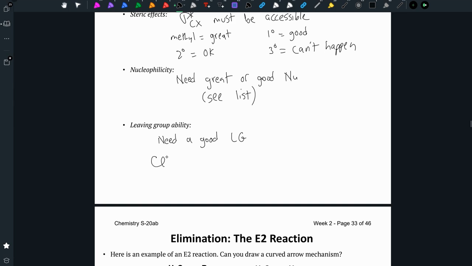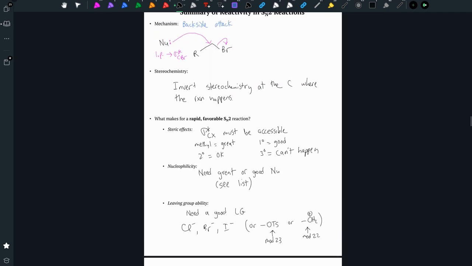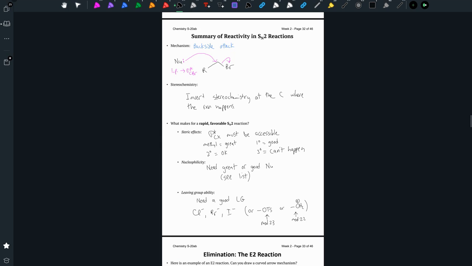So at this point, that would be Cl minus, Br minus, I minus. We'll see something called a tosylate later, so that would be OTs. Or water as your leaving group. So that's your summary of the SN2 reaction, and that is essentially all of Module 20.